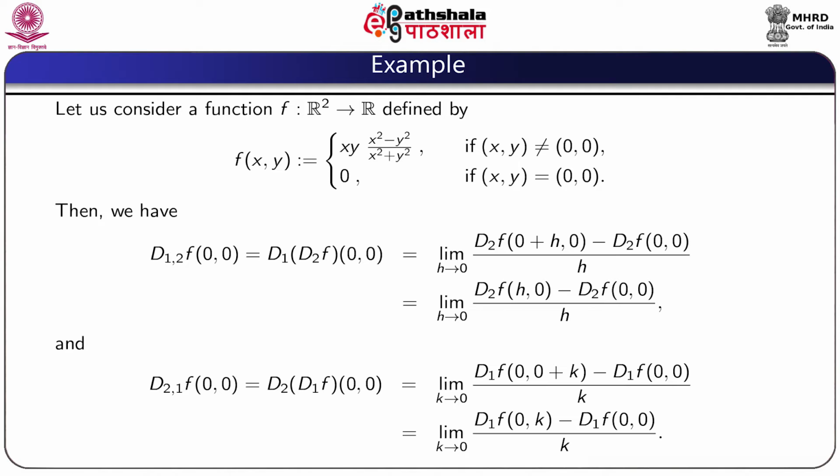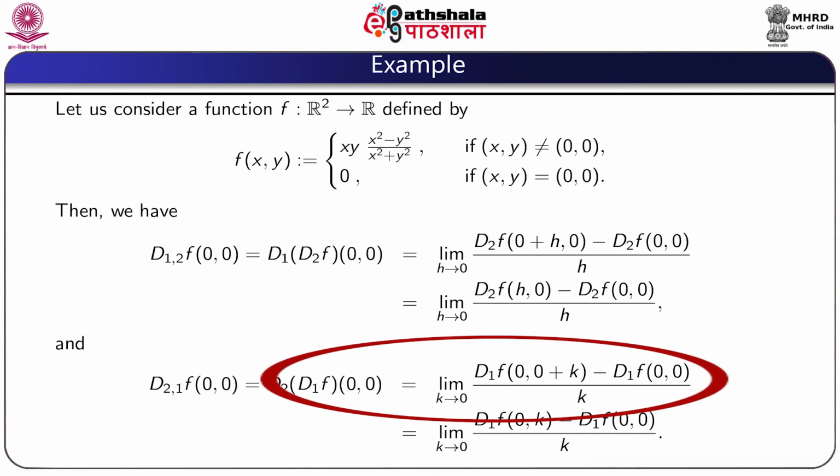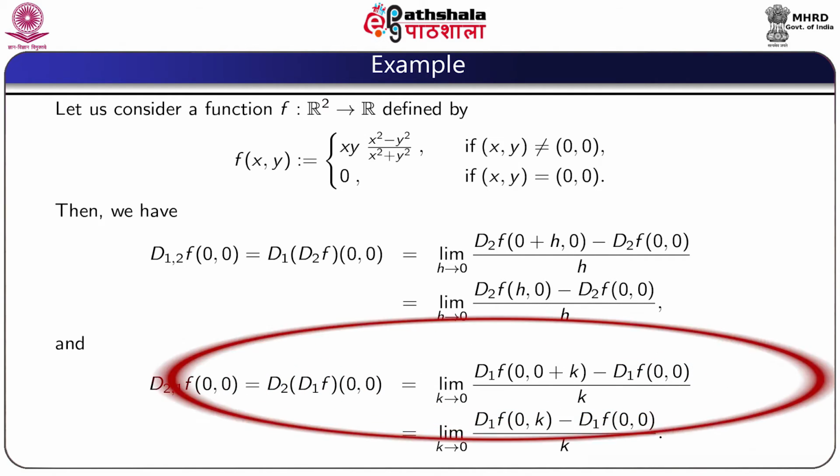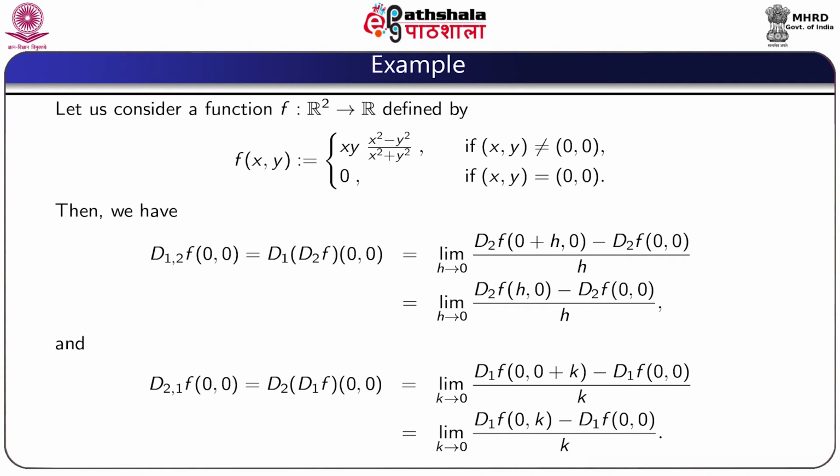We want to find d1 d2f at the origin. That means, we have to calculate d2f at the point (h,0) minus d2f at the point (0,0), divided by h, and consider its limit as h tends to 0. Similarly, d2 d1f at the origin will be the limit of d1f at the point (0,k) minus d1f at the point (0,0), divided by k, as k tends to 0.